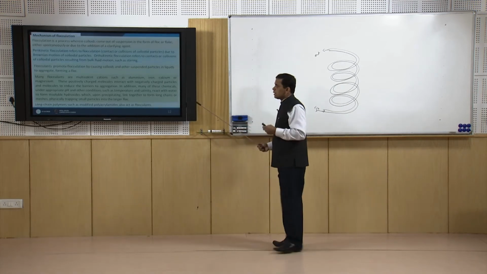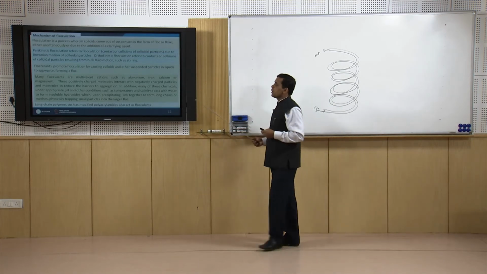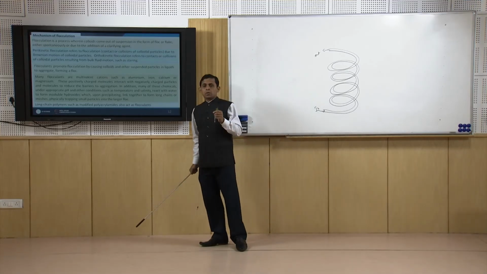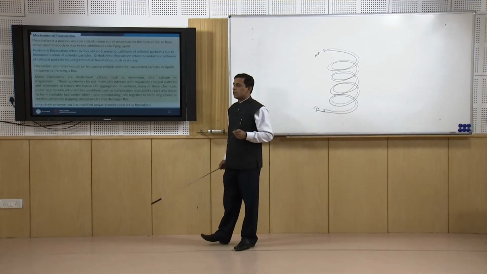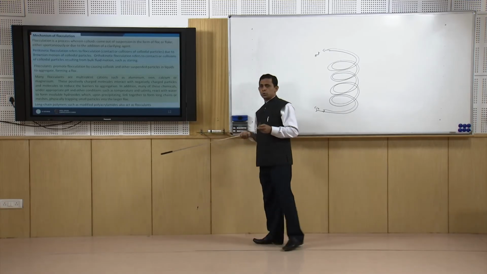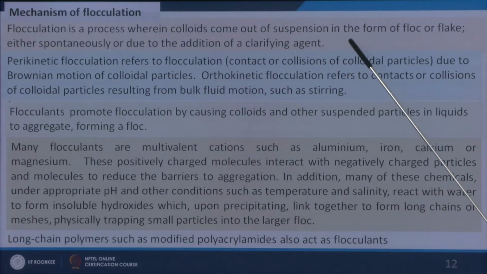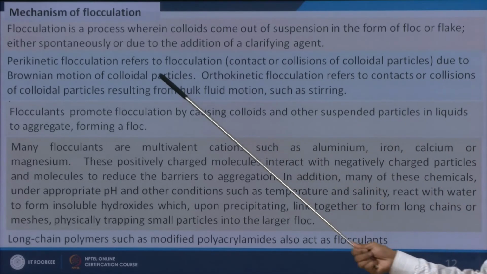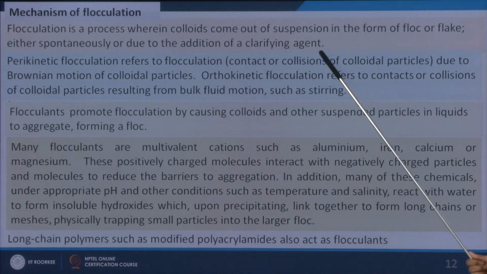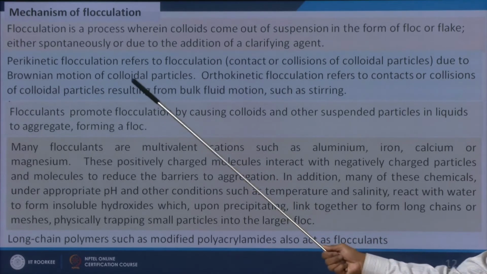Now, we will see some mechanistic path of the flocculation. Flocculation, as I have discussed, is the process that helps to bridge the colloidal particles. The particles come closer and make a floc or flake, either spontaneously or due to addition of a clarifying agent. So, we may add some clarifying agent or we may not need to add any. There are two types of flocculation, one is perikinetic, another is orthokinetic.